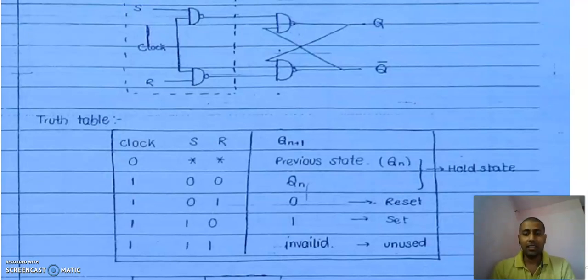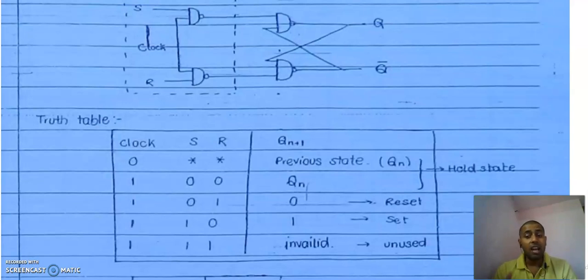So we have seen the SR flip-flop using the NAND gate, and its truth table is: when SR is 0 0, we get the previous state; 0 1 is resetting the value, so it is called the reset state; 1 0, because S is 1, is the set state and we are getting output as 1; and if it is 1 1, we are getting the invalid state.